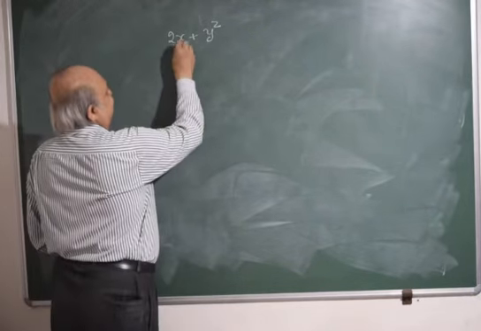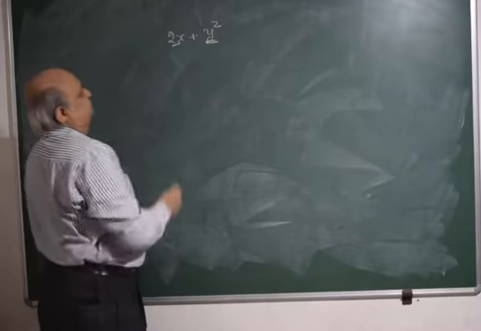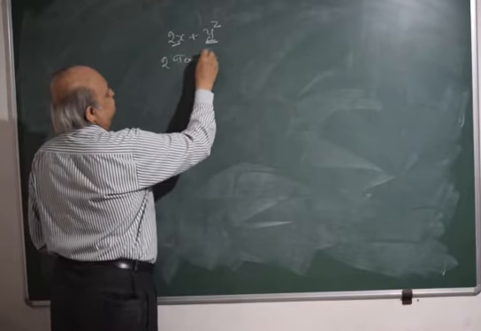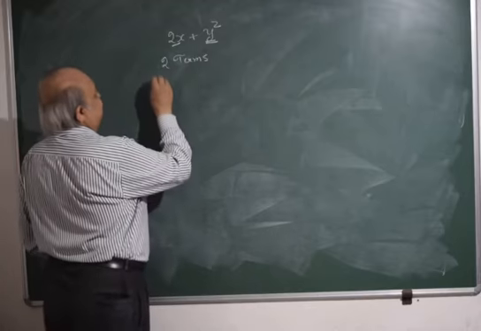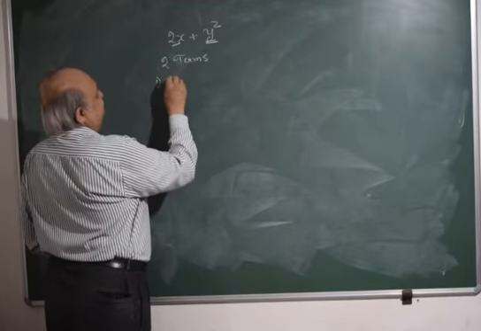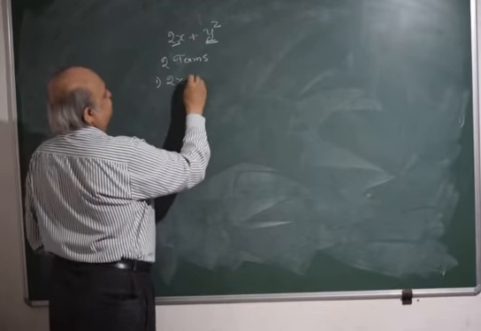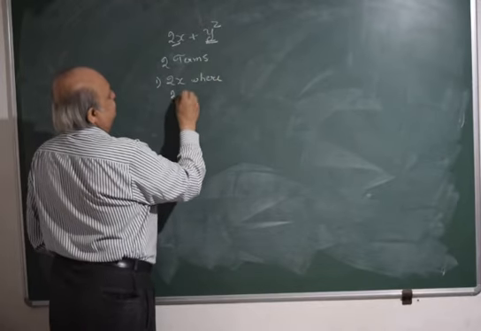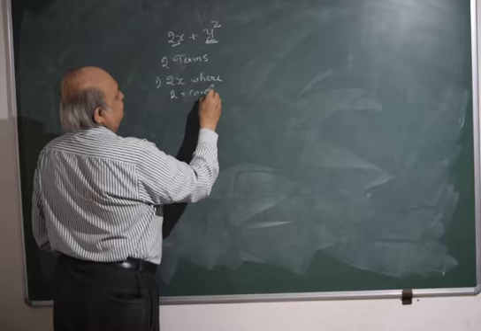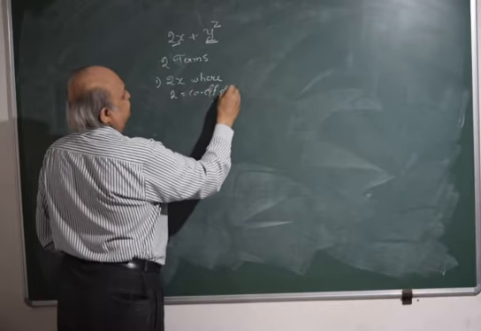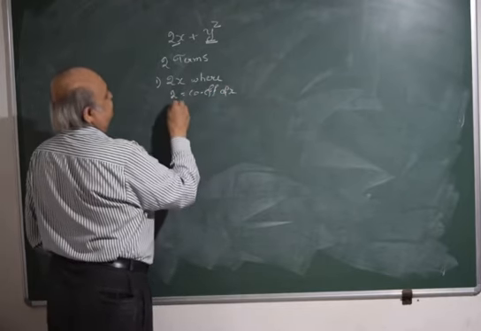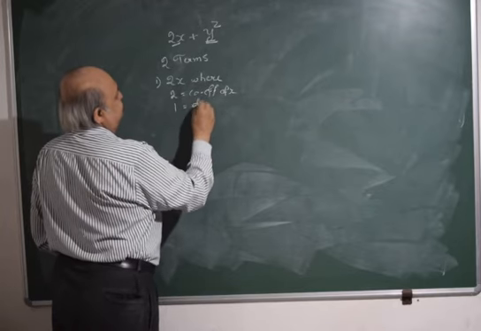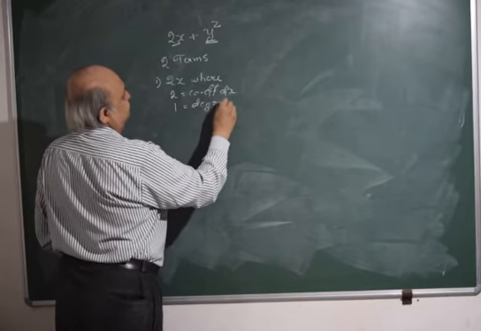We have 1 and 2 terms. First term 2x, where 2 is coefficient of x and 1 is the degree of x.